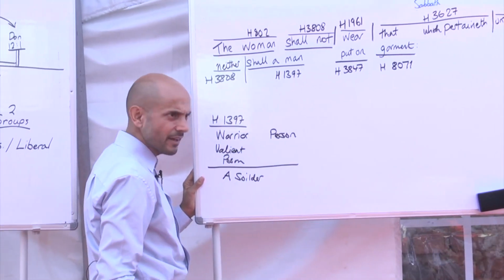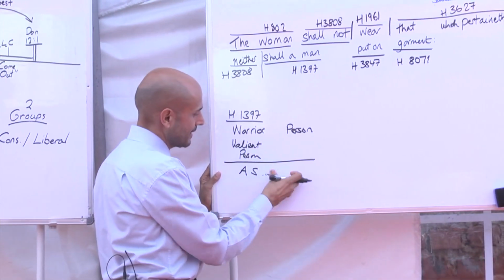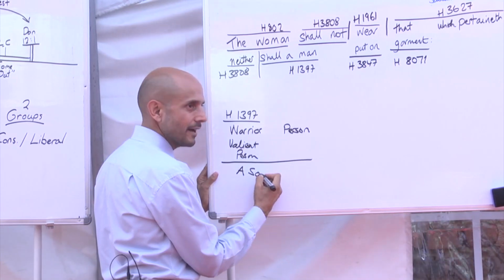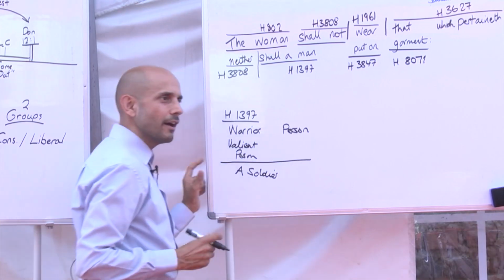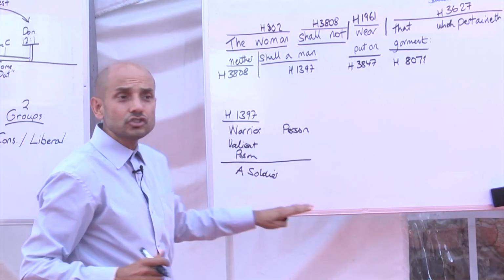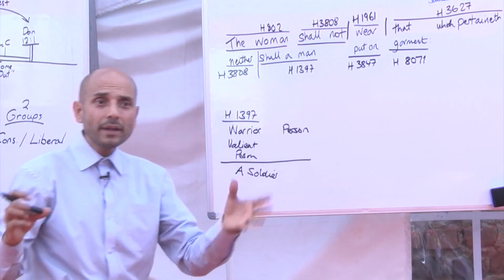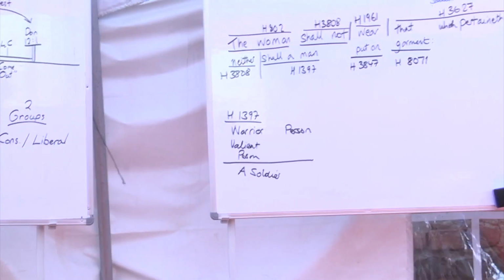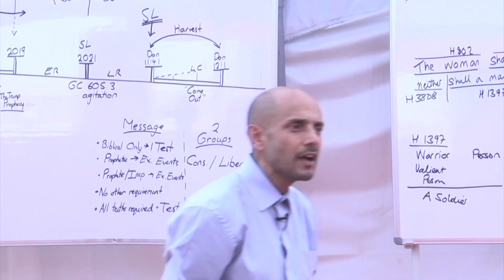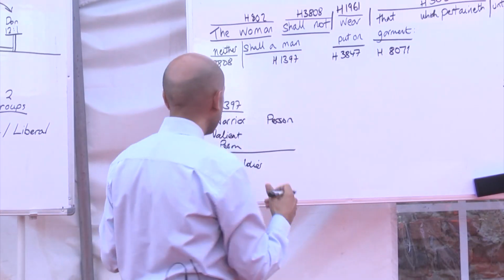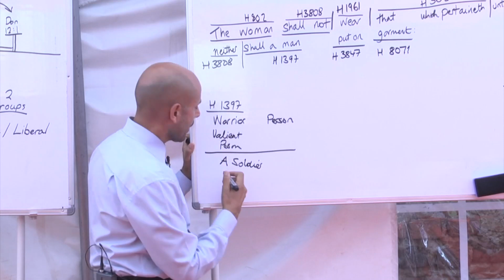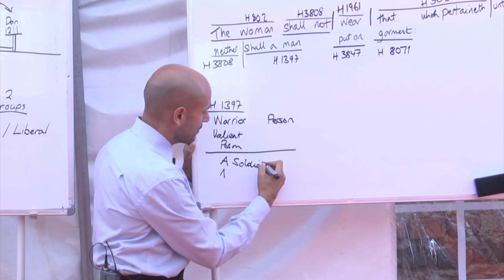Is that correct spelling? So this is a soldier. Anyone else? I'll open it up now. Sorry? An army man. So okay, we'll put that then, but it's virtually the same.